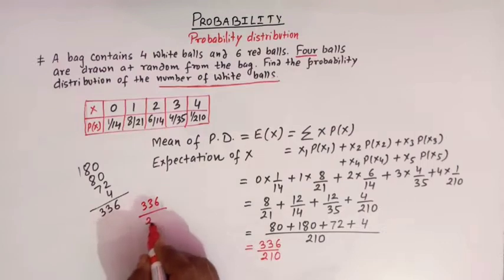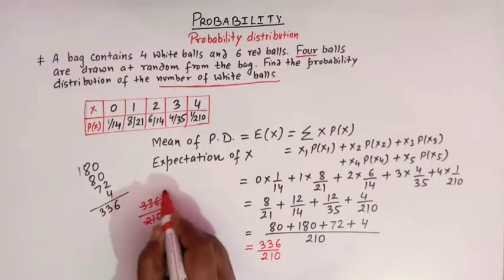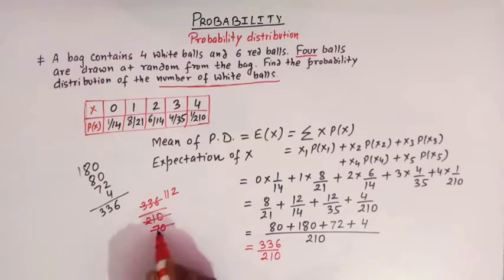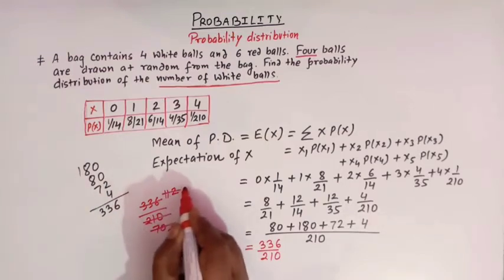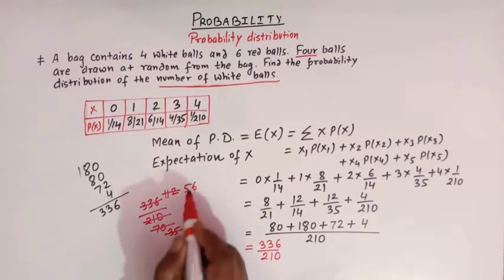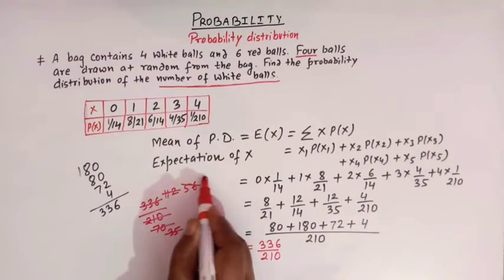And now we can simplify this fraction, and we'll get 35 here and 56 here, and 7 5s are 35, 7 8s are 56, right?